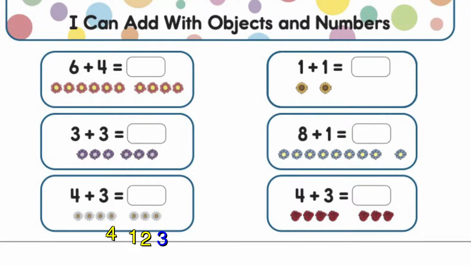So we've got 4 plus 3 equals what? 7. So we can count objects and put numbers to those objects together.